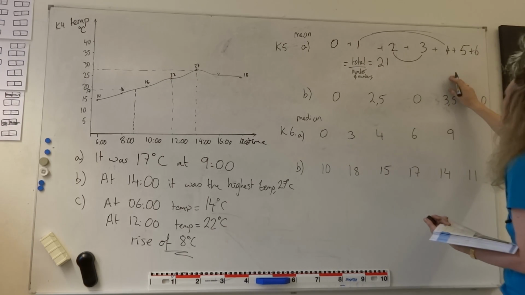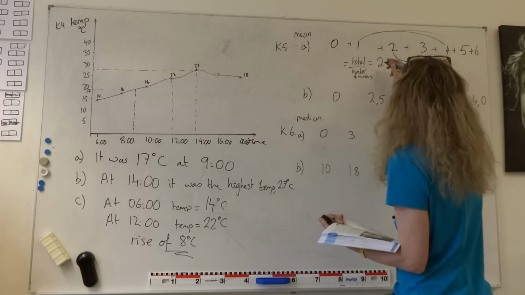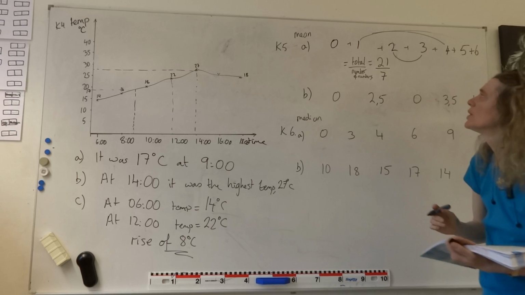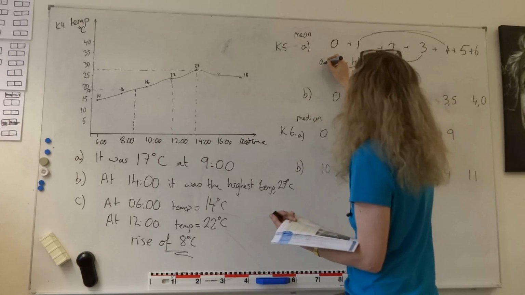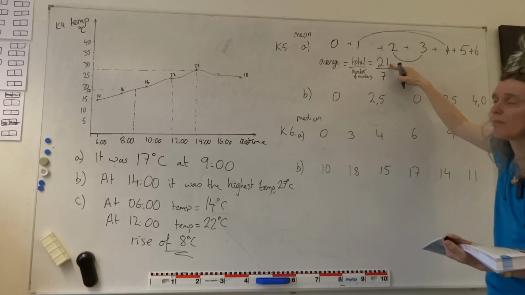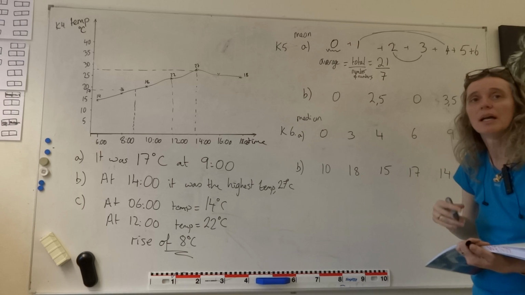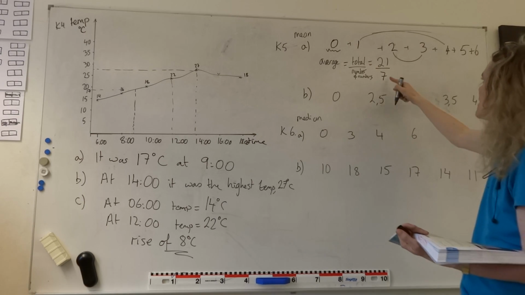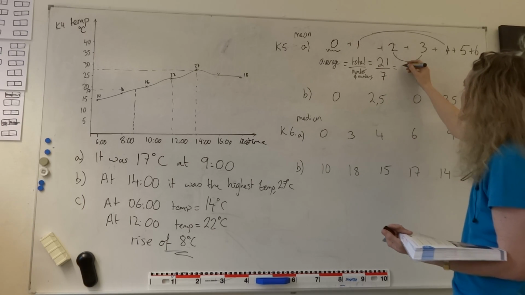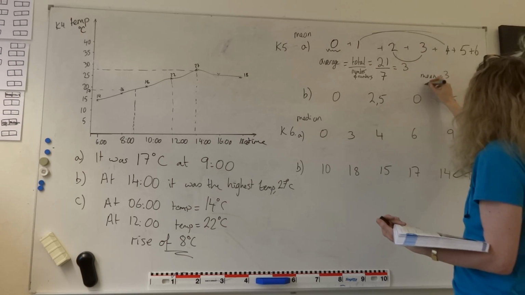And the number of numbers that we have, 1, 2, 3, 4, 5, 6, 7. We have 7 numbers. So the average is the total of all the numbers divided by the number of numbers, and we have to include the 0 here. It's also one of our numbers. So we have 7 numbers. 21 divided by 7 is 3. So our mean number here is 3.